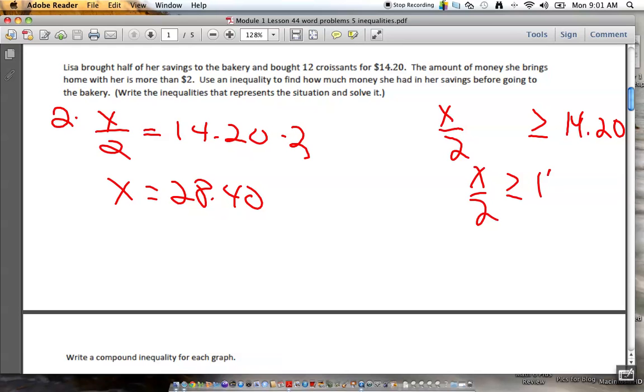So X over 2 has to be greater than or equal to 14.20. And since she has more than $2 to bring home, it had to be greater than or equal to 16.20, because it's 14.20 for the croissants and then $2 here. So now the question is, use an inequality, which we did. We multiply both sides, and I get X is greater than or equal to 32.40, okay?